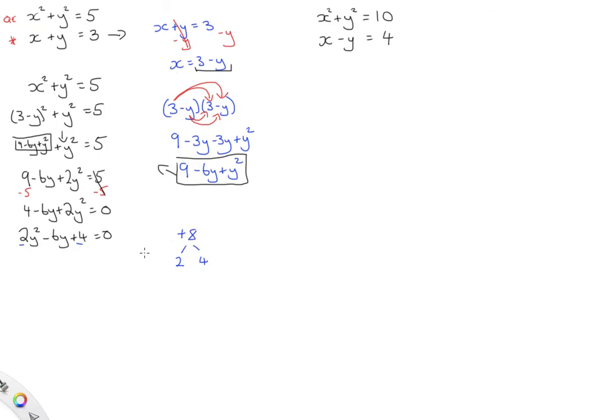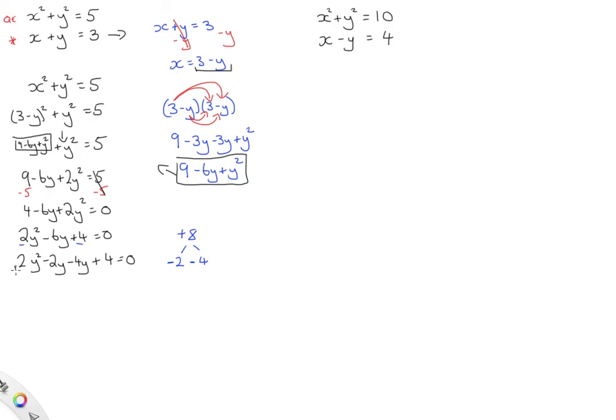I want, if I add these two together, for it to give me minus 6. So if I had minus 2 minus 4, that is minus 6. Perfect. So now I go back to my sum. 2y squared minus 2y minus 4y plus 4 equals 0.